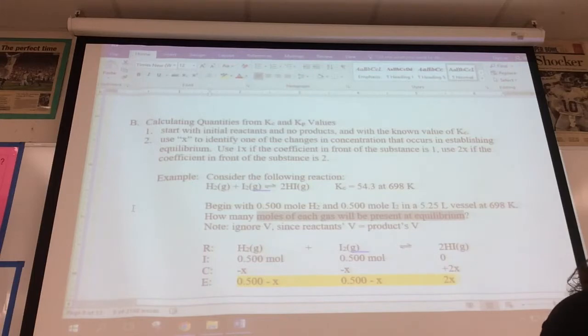So in your setup here, be very cognizant of what they are providing to you. They're telling you that the moles of hydrogen gas initially is 0.5. They're telling you that the moles of iodine vapor initially, 0.5.